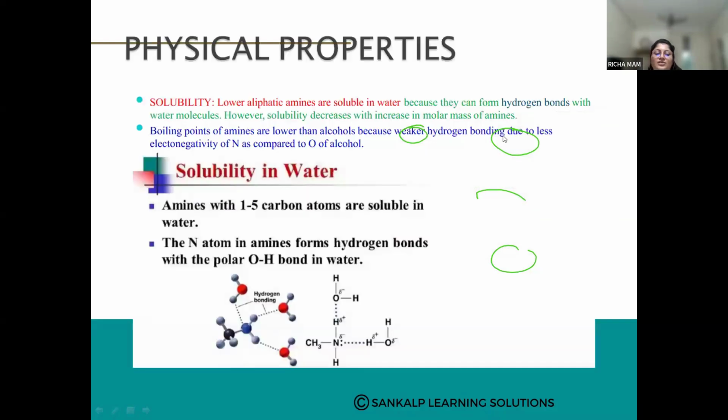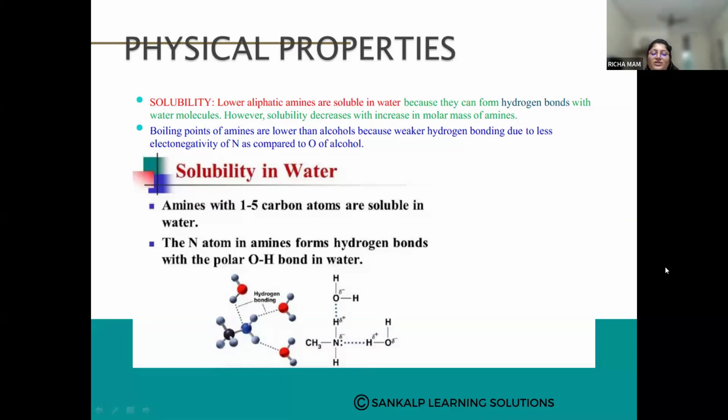Next, we are going to see the physical properties. When we talk about the physical state and odor, the lower aliphatic amines are gases and they have a fishy odor.